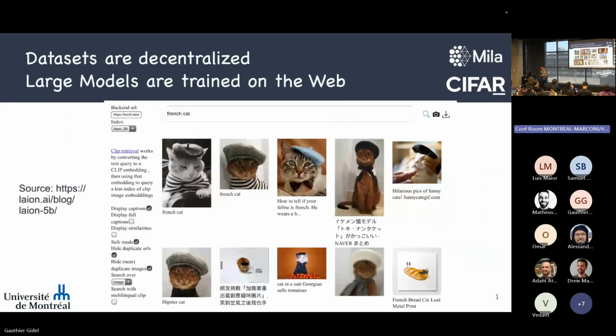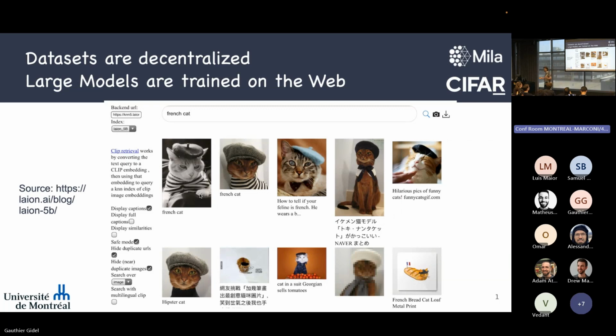So what is the starting point of this work? The idea is, who knows the Lion dataset in this room? Great. So usually, I ask this question and a small 10% of the room knows. So for the ones who don't know, Lion is basically the largest open source dataset with 5 billion pairs of image and text.